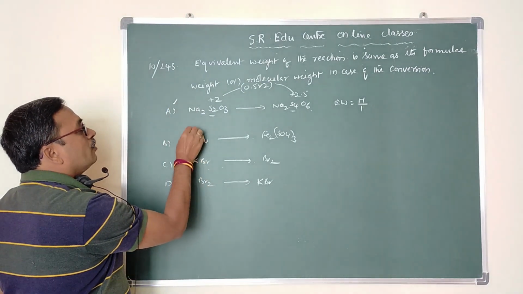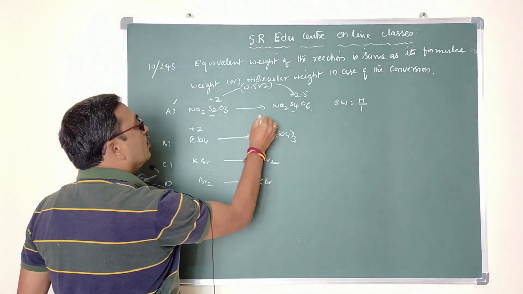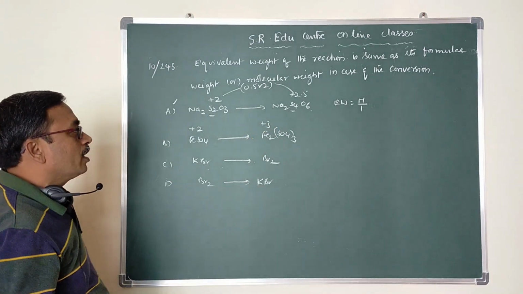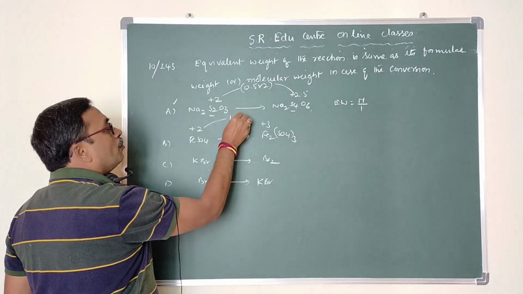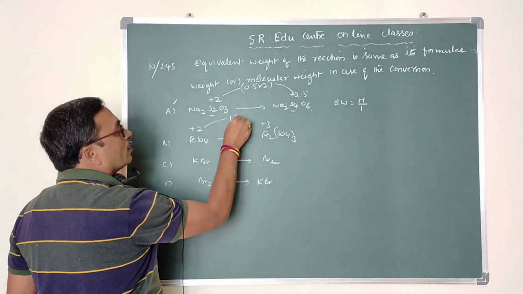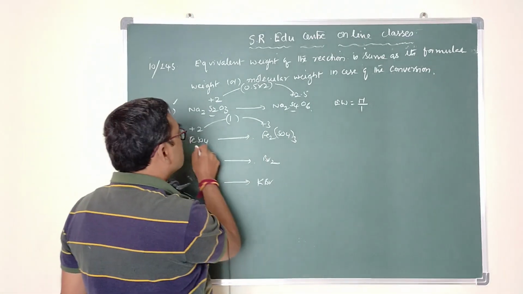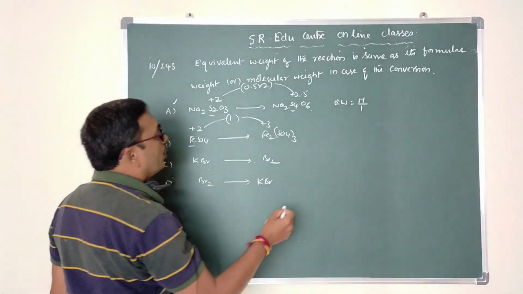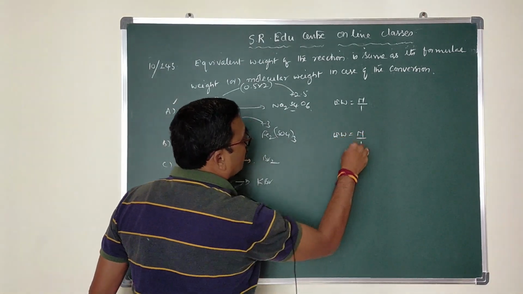In ferrous sulfate, the oxidation state of iron is +2. And in ferric sulfate, the oxidation state of iron is +3. Change in oxidation state per atom is 1, per molecule also 1, since ferrous sulfate contains only one atom. So here also equivalent weight is equal to molecular weight by 1.